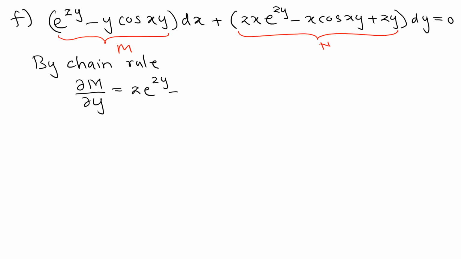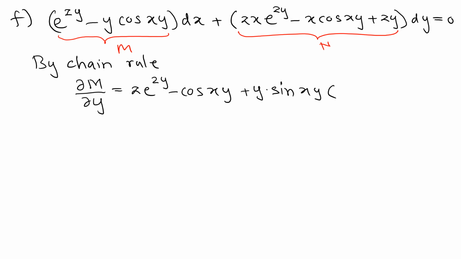The first term is 2e^(2y). For the second one you have to use the product rule. We take the derivative of the first term, so you get y times cosine xy, and then you get minus y times, since it's a cosine, the derivative becomes negative sine, so it becomes plus sine xy, and also you need to multiply by the derivative of the inside function.